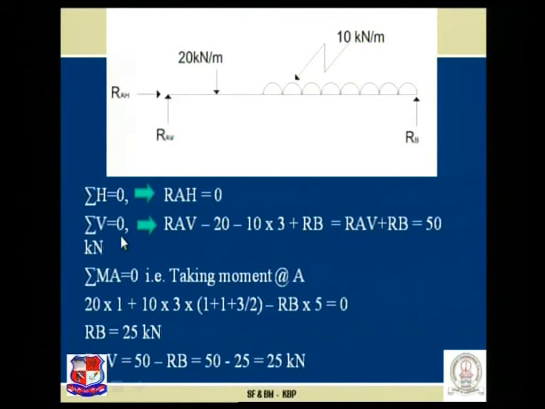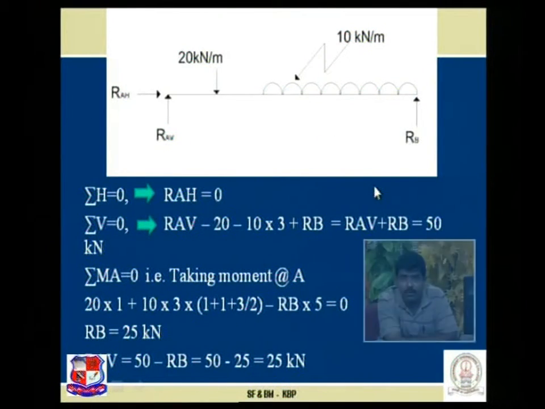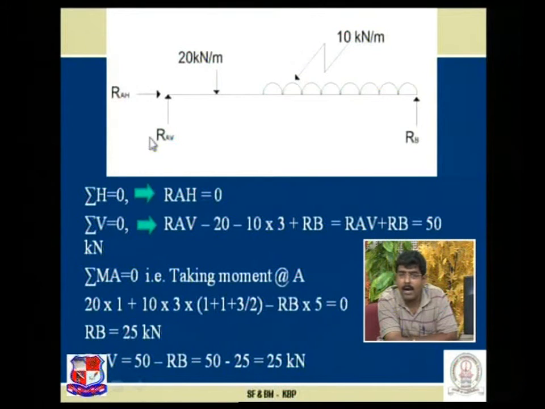By taking sigma V is equal to 0, total upward force is equal to total downward force. As per that, RAV plus RB is equal to 20 plus 10 into this distance. Distance is 3. So 20 plus 10 into 3, that is 30, is equal to 50 kilonewton.